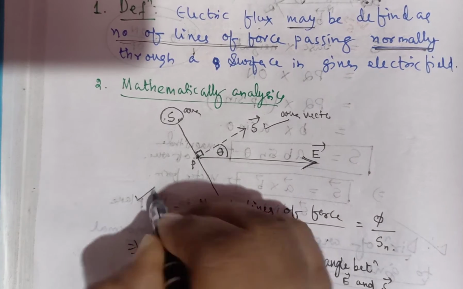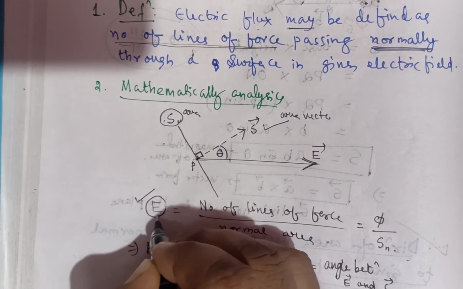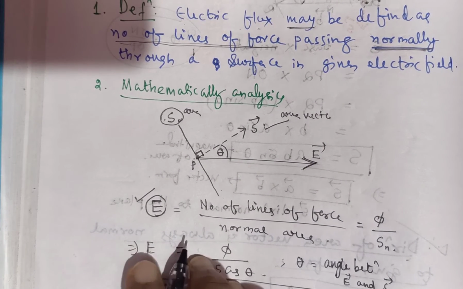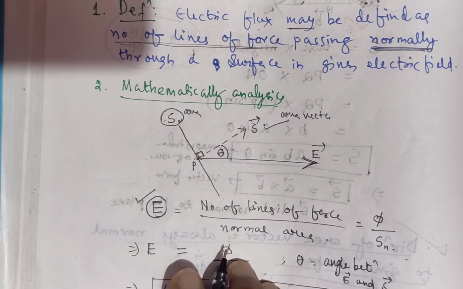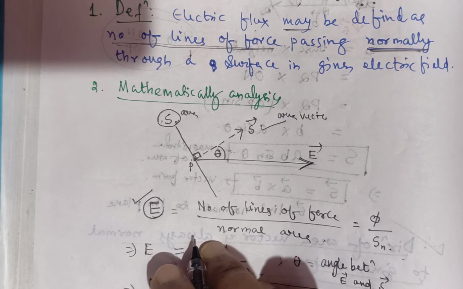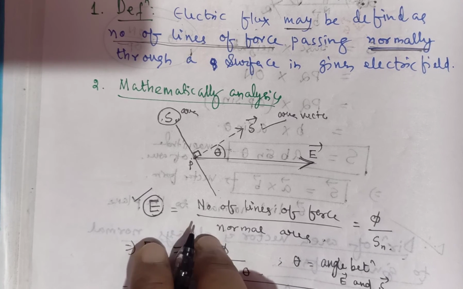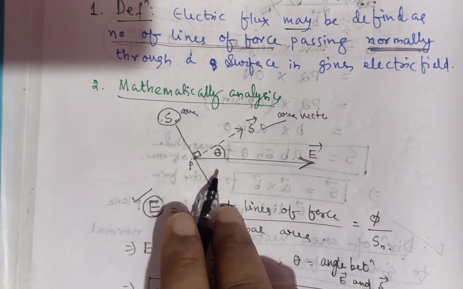Now you recall the formula for the magnitude of electric field intensity. By formula we know it is F by Q. But according to the definition of lines of force, we can also calculate the magnitude of electric field intensity. So you recall the definition of electric lines of force.